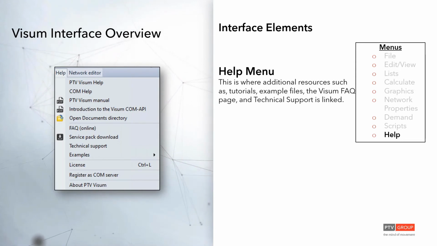It gives you access to the FAQ section, and there's both a PDF version of the tutorial or the user guide, or you can go online, which makes it easier to search through the user guide. And this is also linked to technical support. If you want to reach out to the support team, you can come to this menu item and go from there.